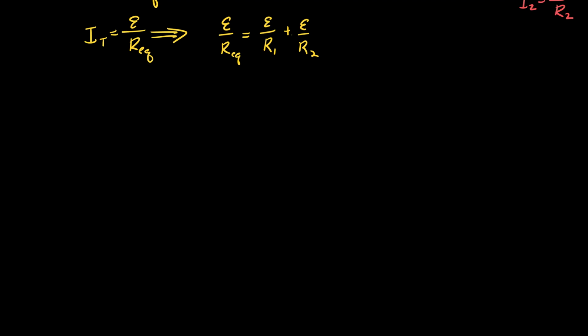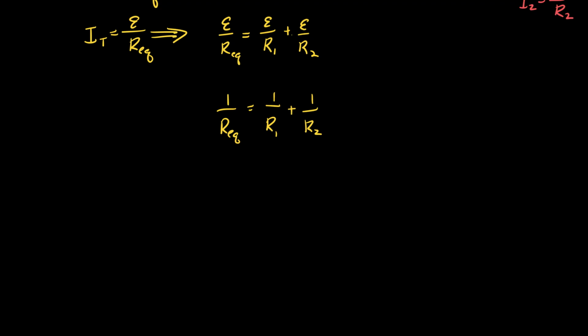Not a surprise here, all the EMFs are the same, so I get 1 over the equivalent resistance equals 1 over R1 plus 1 over R2. All good so far?